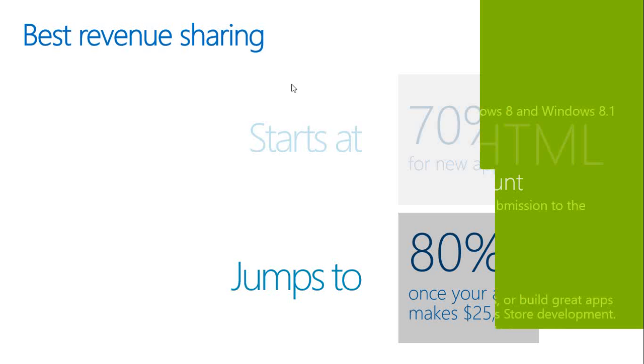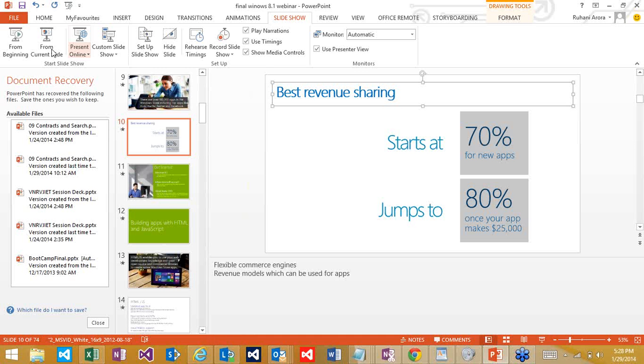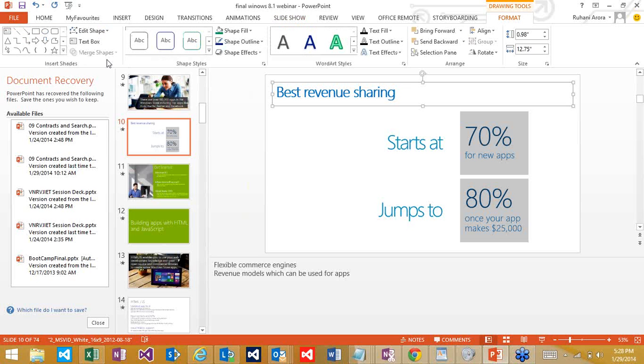Something else that I would like to share about the store is that the store also had one more enhancement in Windows 8.1 in the context of developers. What did we have new for developers? Now the apps that consumers have downloaded will get updated automatically.